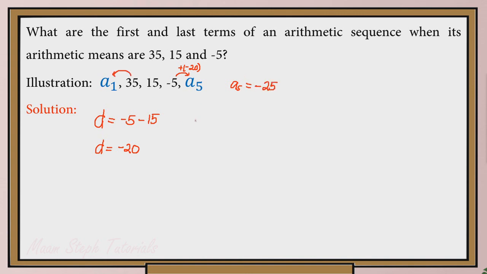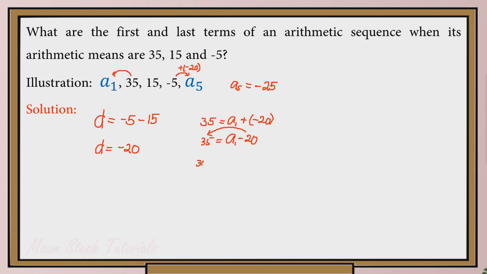So, to get a1, we know that 35, kaya nakuha natin yung 35 kasi from the first term, we added the common difference na negative 20. Okay? So, we are going to have 35 equals a1 minus 20. So, to get a1, we will just add 20.